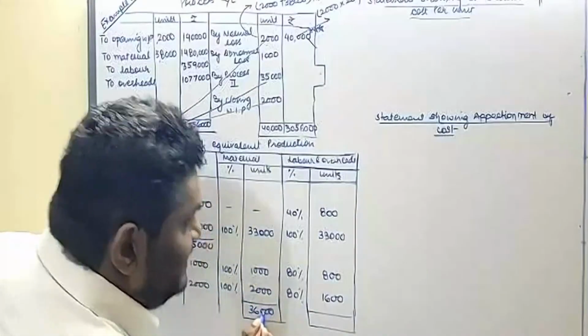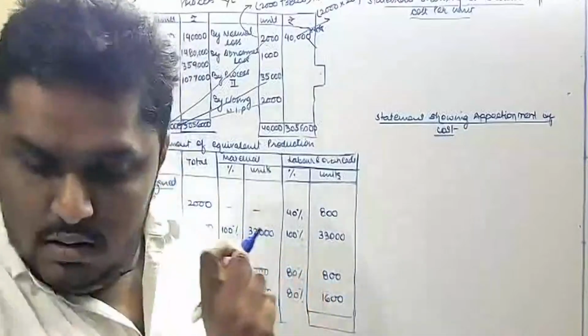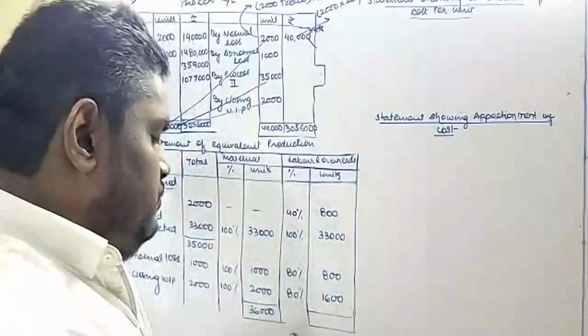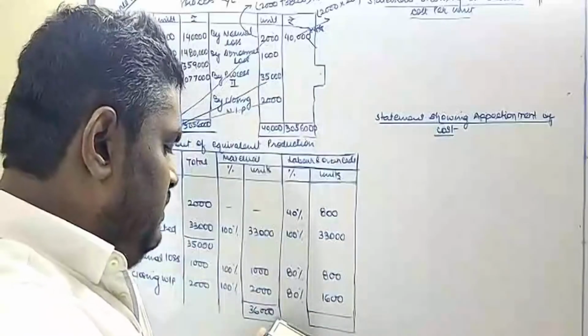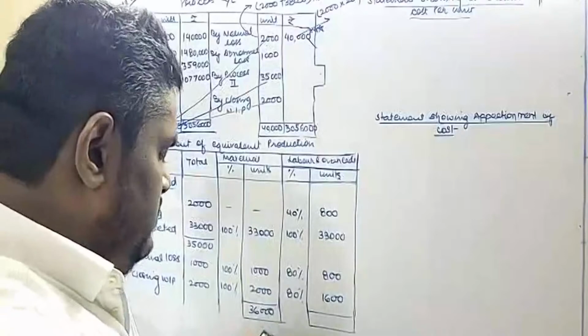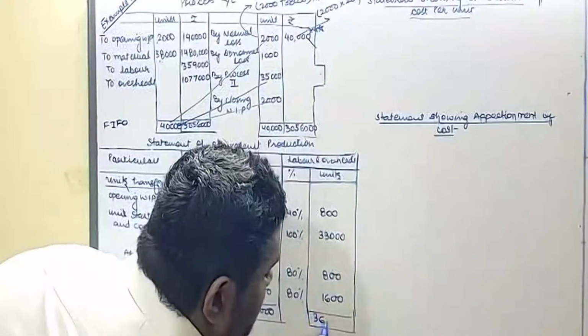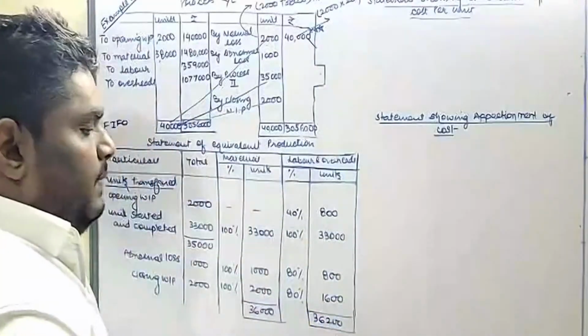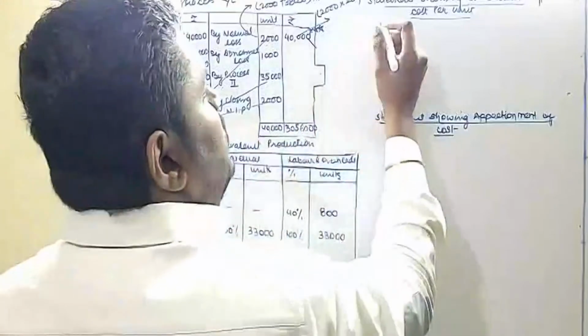So this will be 36,000. And this will be 800 plus 33,000 plus 800 plus 1,600. So this will be 36,200.